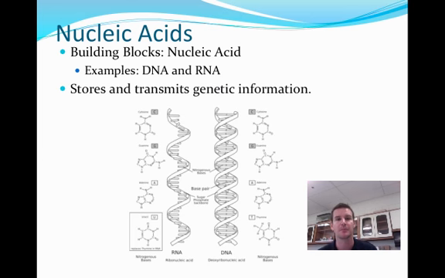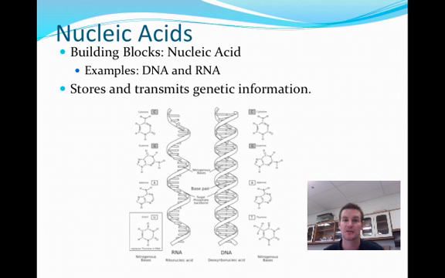All right, so our final building block, or macromolecule, I'm sorry, is the nucleic acids, okay? Basically, the nucleic acids are your DNA and something called your RNA, all right? And we all kind of know what DNA does. It stores and transmits all your genetic information.